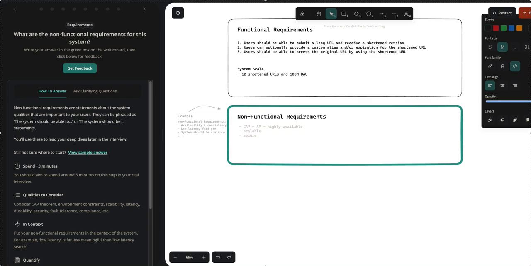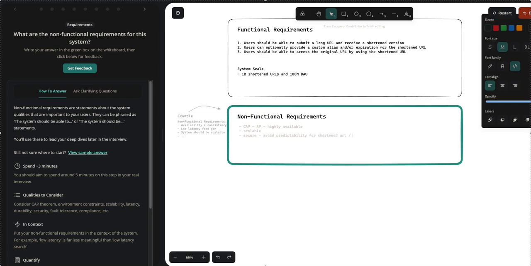But here, by security, I mean making the system secure especially in terms of that particular system. It will be more in terms that we don't really want the shortened URL to follow a pattern based on which we created it. We don't want that pattern to be easily hackable or easily predictable.